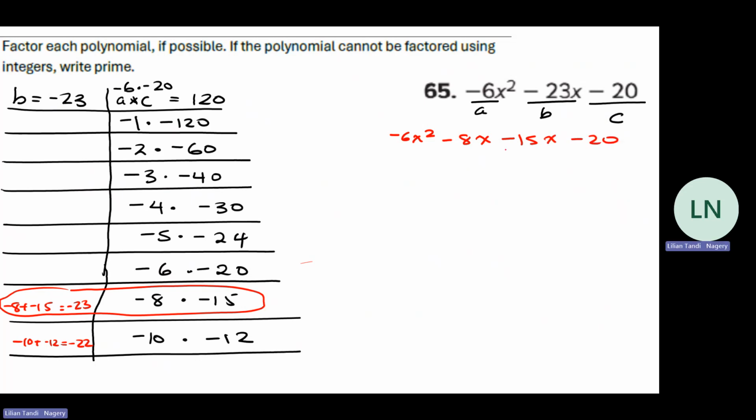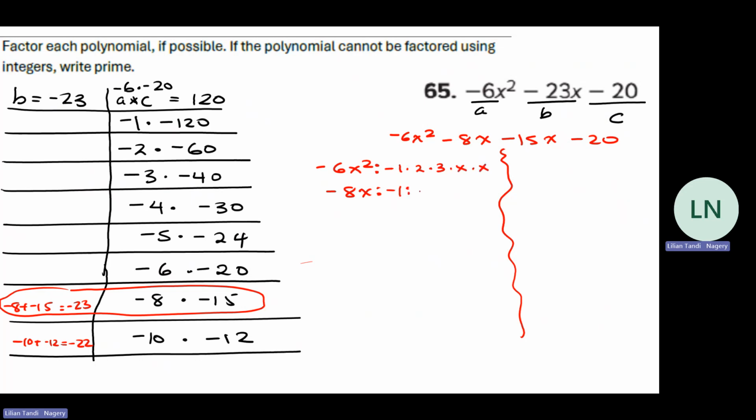Then I break this down. Negative 6x squared minus 8x becomes minus 1 minus 1. This becomes 2 times 3 times x times x.